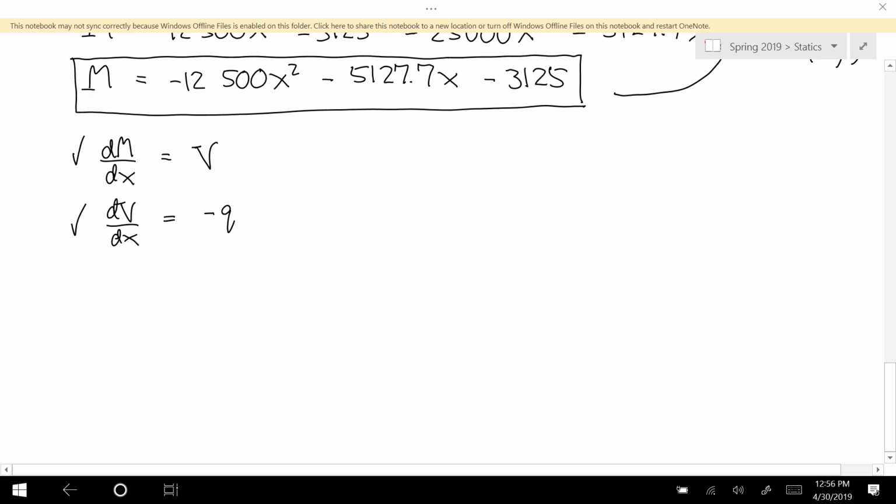Any questions about that? So Q is only on the distributed. Yeah, if the cut that you're looking at isn't inside a distributed load, if those x values don't have distributed loads acting on them, then Q is 0. Any other questions?